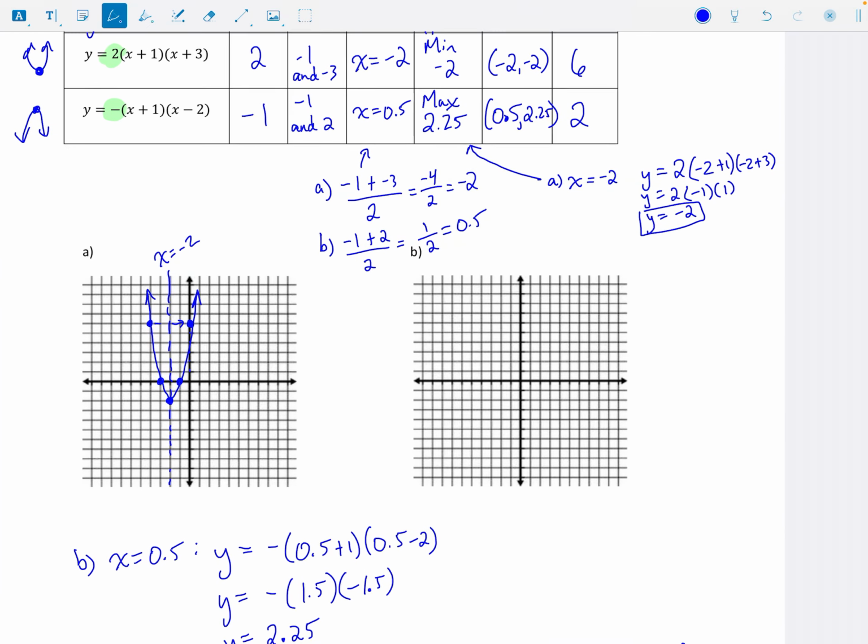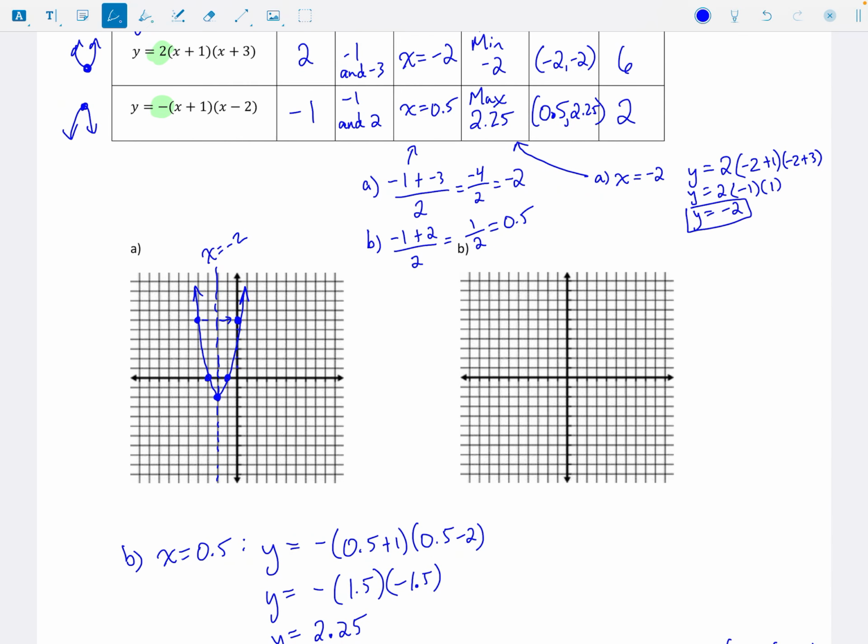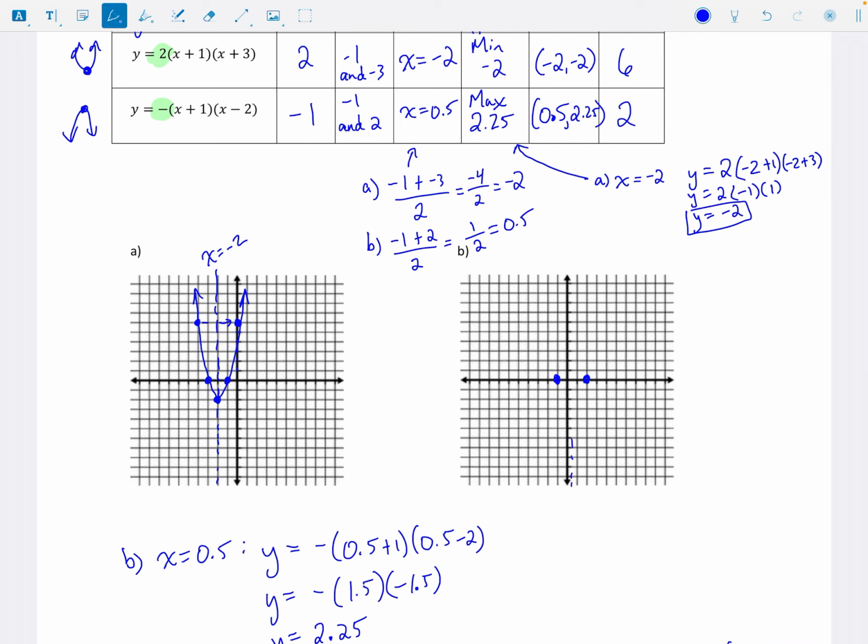All right, for the other side here, we have x-intercepts of -1 and +2. We have an axis of symmetry at 0.5. Notice that that's exactly halfway between those two x-intercepts. And the vertex is at 0.5 and 2.25.